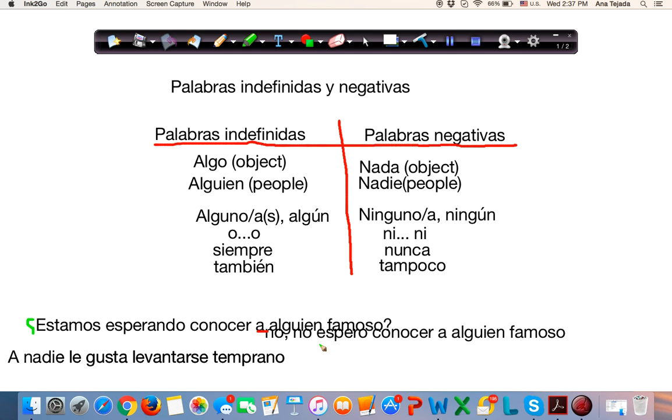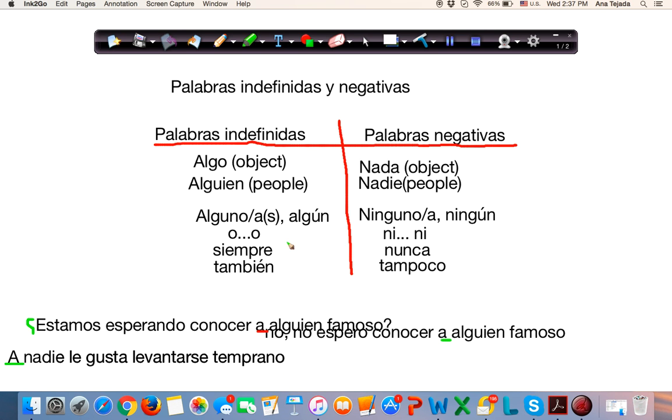The answer, no espero conocer a alguien famoso. Again, we're using someone famous. Since it's used to refer to people, we're going to use that a. A nadie. Nadie is also used for people only, so that's why we're going to use the a. A nadie le gusta levantarse temprano, wake up early. Like I said, this happens sometimes, but not in all the cases.